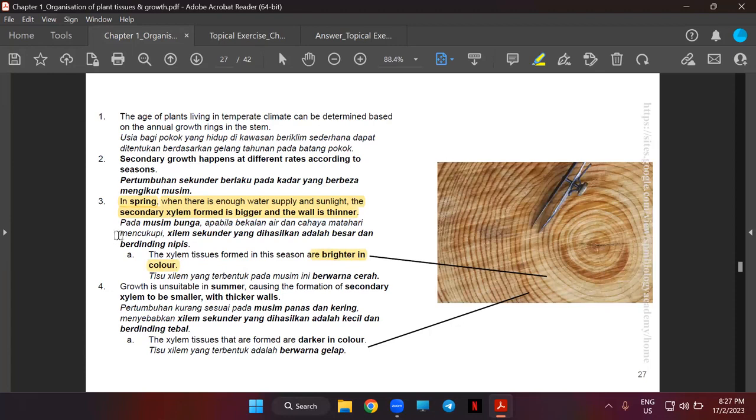Okay, dalam bahasa Melayu, pada musim bunga apabila bekalan air dan cahaya matahari mencukupi, xylem sekunder yang dihasilkan adalah besar dan berdinding nipis dan berwarna cerah. So you get 1 mark. Dapat 1 markah.